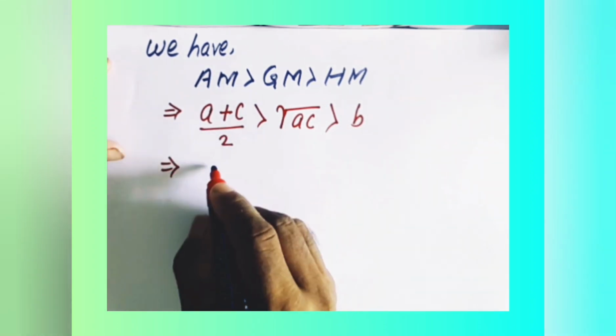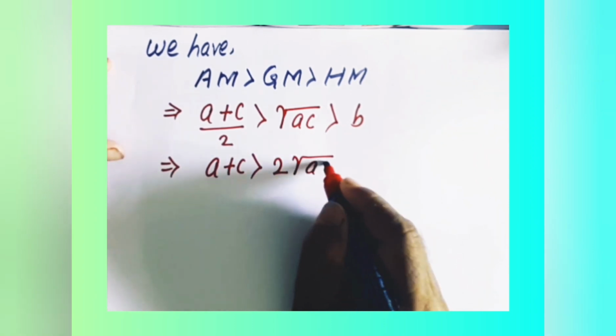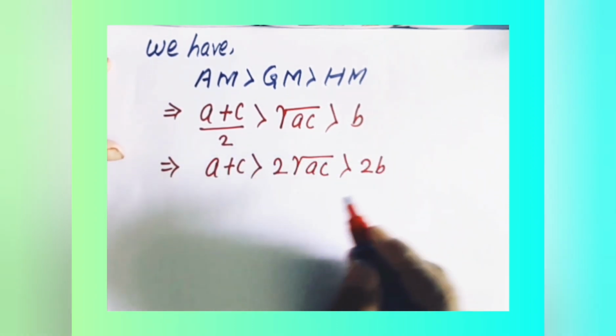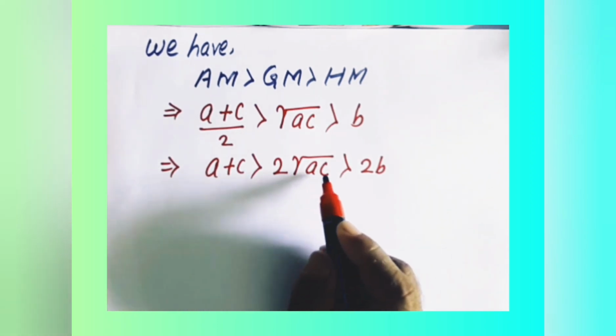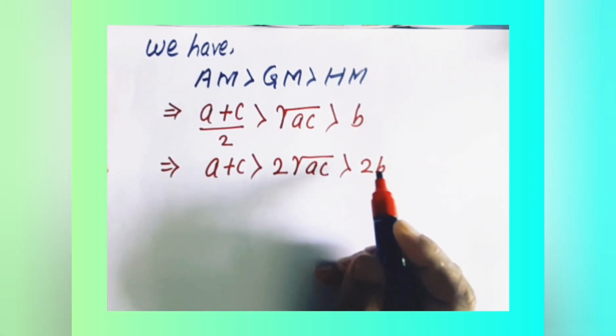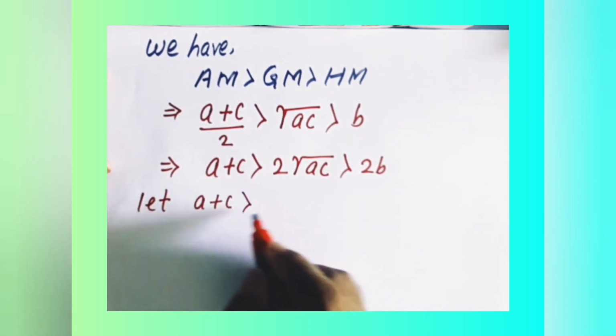Now simplify this one. We get a plus c is greater than 2 root over ac is greater than 2b. Now we have this relation, a plus c is greater than 2 root over ac is greater than 2b. That means a plus c is greater than 2b.